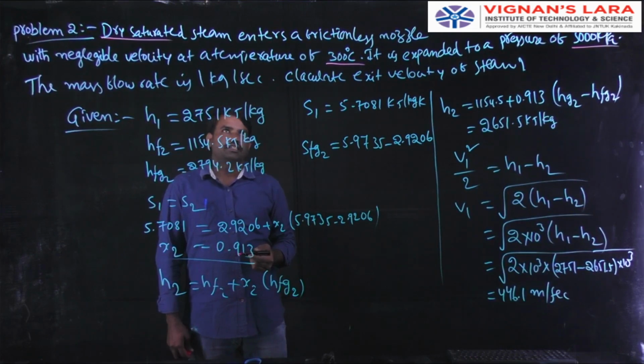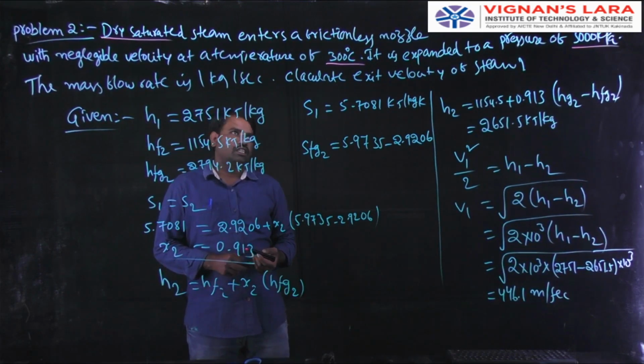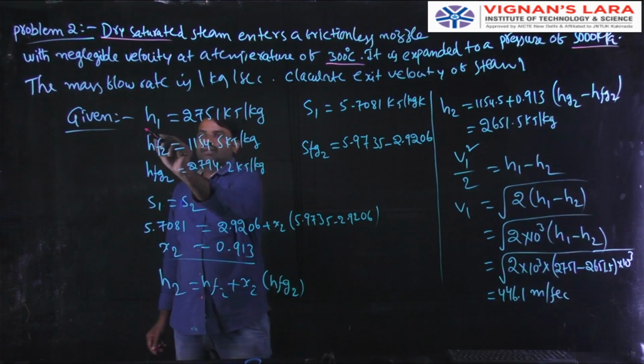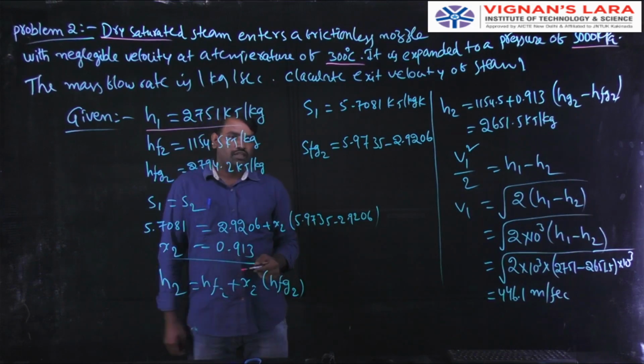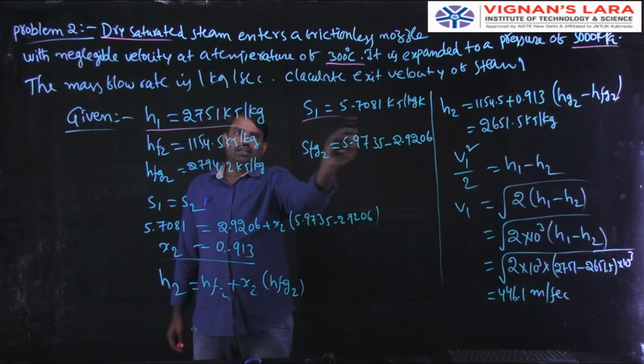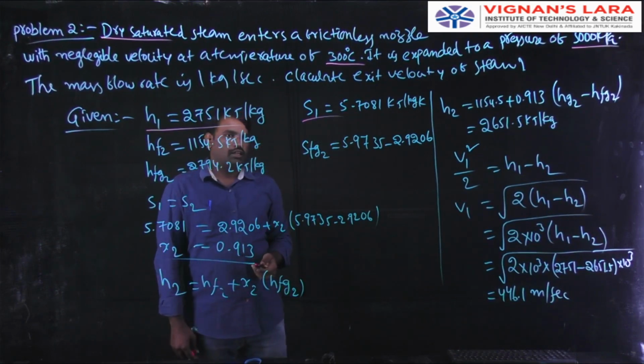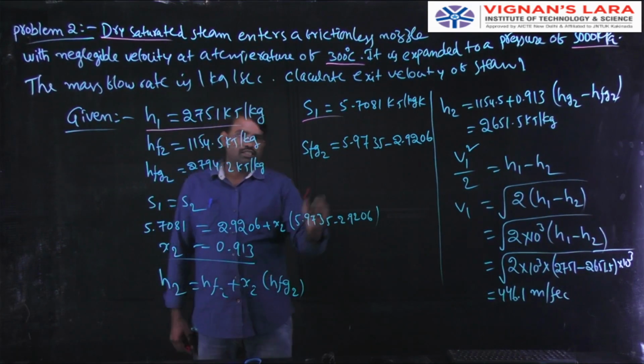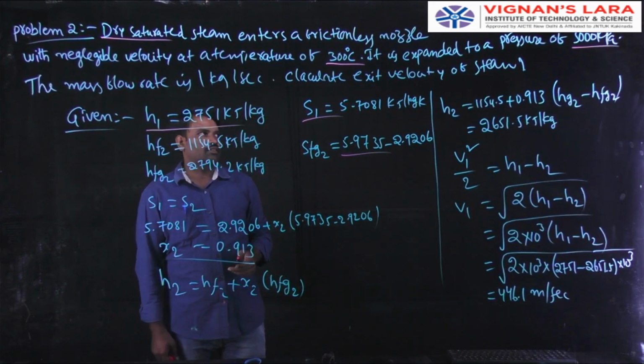Dry saturated steam enters a frictionless nozzle with negligible velocity, and the temperature is given. At the given temperature, we have to take enthalpy H1 and entropy, and at the exit pressure, HF2, HFG2 and SFG2 values.